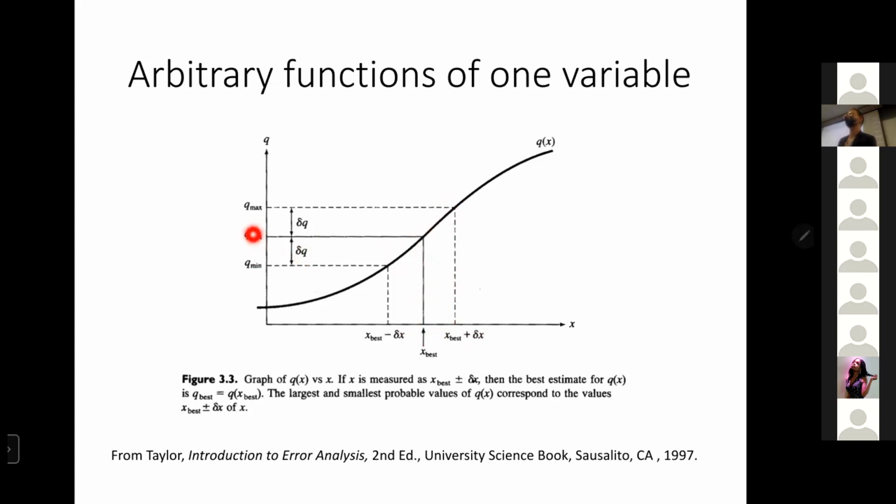If dq dx is large, then if you have a small uncertainty in X, that could lead to a large uncertainty in Q. Whereas if the slope of this function is not so much, right? So if you're in this region over here, then the same uncertainty in X would lead to a smaller change in Q.